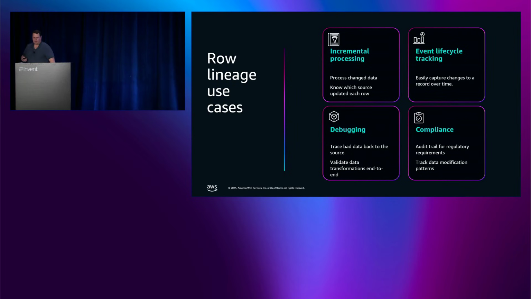Event lifecycle tracking is also another good one. You think of an orders table, right? An order event goes through a series of changes: it's been submitted, it's been billed, it's been processed, fulfilled, shipped, out for shipment, delivered, right? You want to understand what the life cycle or the state changes were.